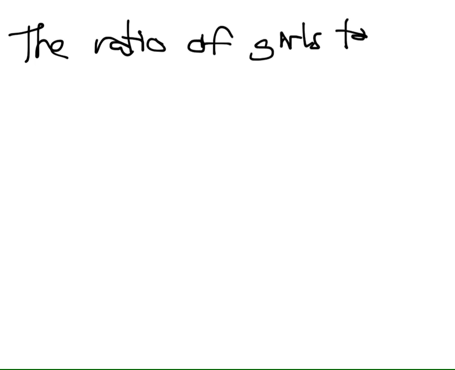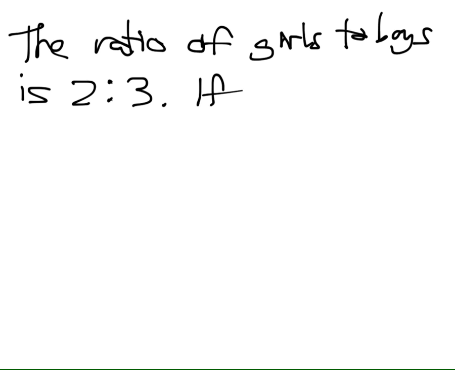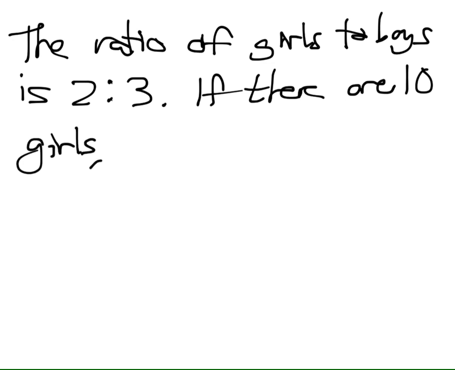So now let me give you a new scenario. I'm just going to give you the ratio. The ratio of girls to boys is 2 to 3. If there are 10 girls, how many boys are there?